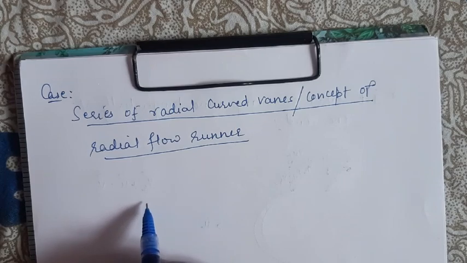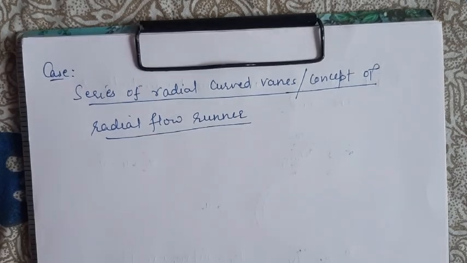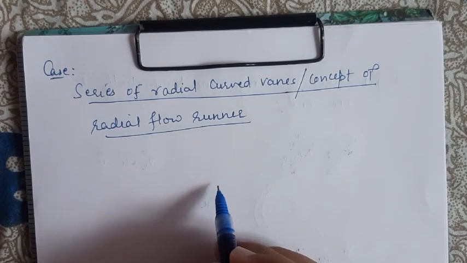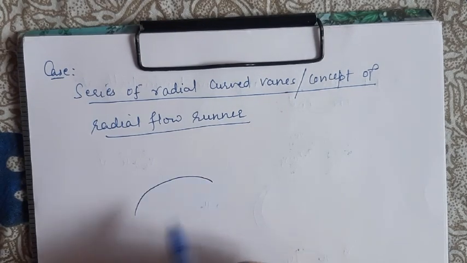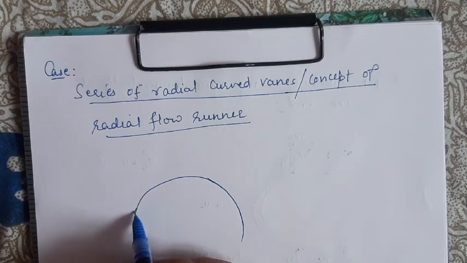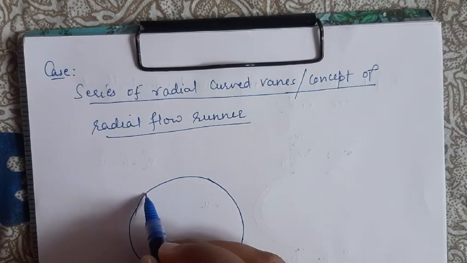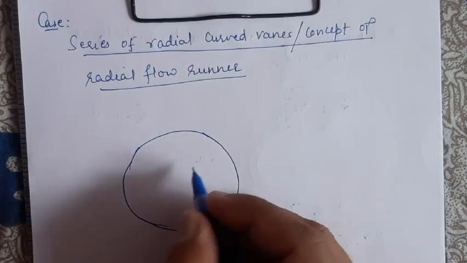There are two types of radial flow runners. One is the inward flow runner, another is the outward flow runner. Let's observe. I am showing you the top view.